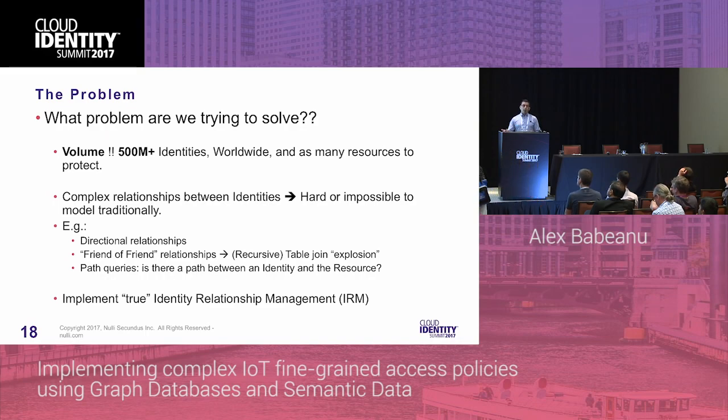Of course, we looked at SQL databases or even LDAP, but all of these were really hard to model in a traditional way. For example, with SQL databases, it's really hard to model things like directional relationships or friend-of-friend relationships, which often include lots of joins that you have to do on your tables. Basically a table join explosion at that point.